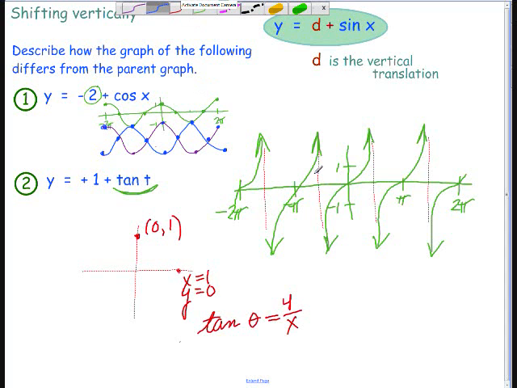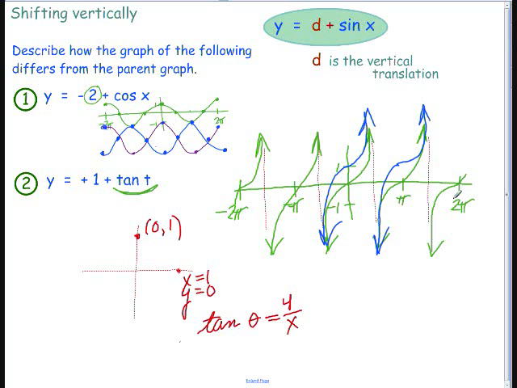Well, now the asymptotes aren't going to change, but where this crosses is going to change. It's going to be at 1. Boy, it is helpful to use colored pens, isn't it? All right.